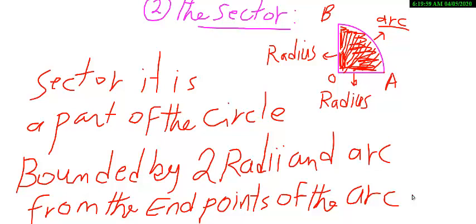So right now we need to study how to get the area of this sector. As I said, the sector is a part of a circle, so the sector has a ratio compared to the circle.